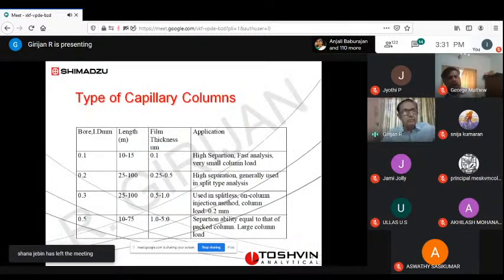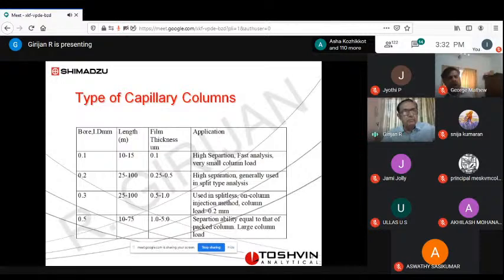Okay, so capillary columns also can be divided into 3 different types depending upon the internal diameter. If the internal diameter of the capillary tubing is 0.1 mm, it is known as a microbore capillary column. And if the internal diameter is either 0.25 mm or 0.32 mm, both are called narrow bore capillary column.